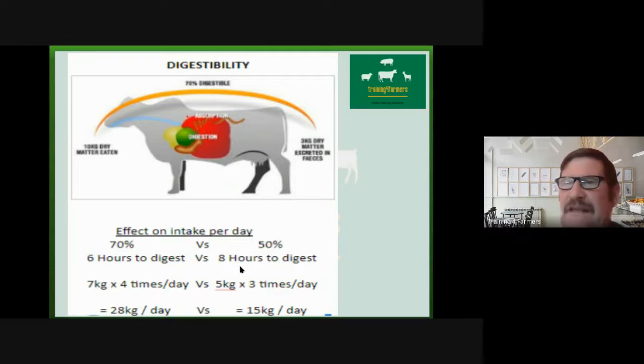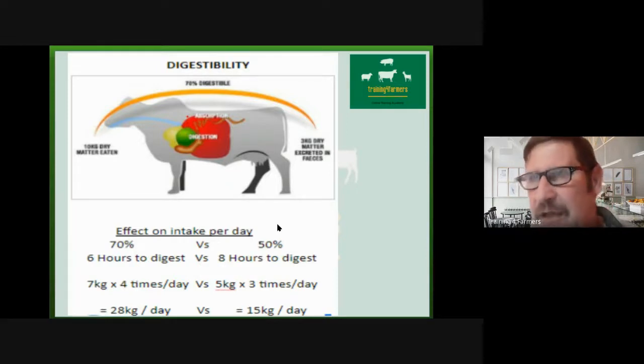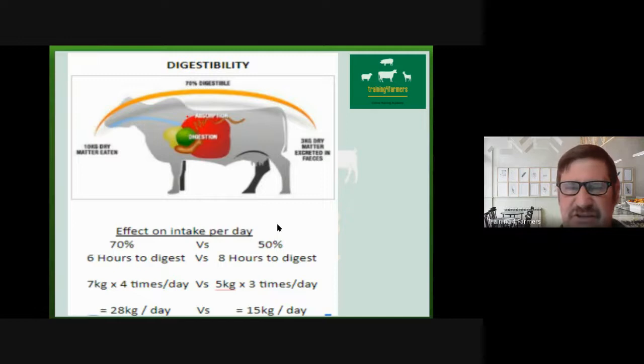Now, when you're feeding a low digestible feed, it's usually low digestible because it's got more fiber in it and fewer soluble energy sources like sugars and starch, and less grains. So let's say you've got a 50% digestible food, but now it takes 8 hours to digest it before you can take in the next lot of food.